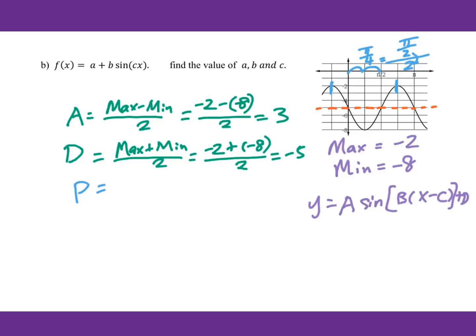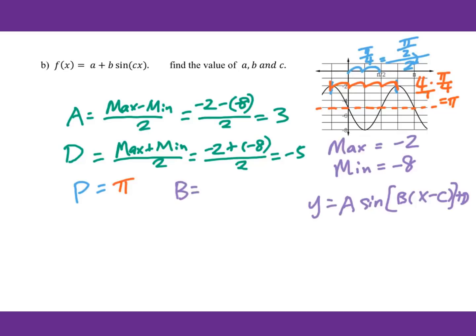So we got pi over 4. Then we count the units between these 2 maximums. You will get 1, 2, 3, 4. So we got 4 times pi over 4, that equals pi. So P equals pi.